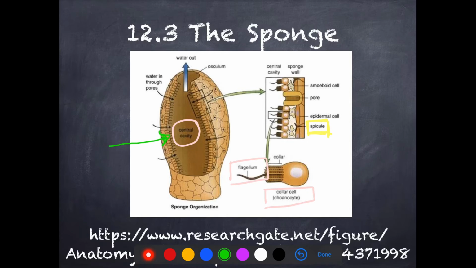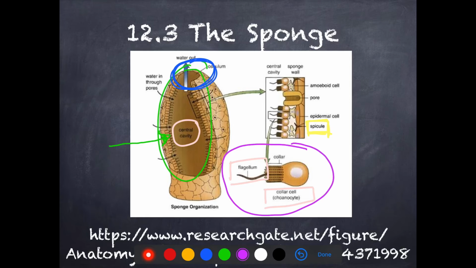So like I said, we have our central cavity right here, which is pretty much this entire thing. You have the opening at the top right here. And then you have your collar cell. So this whole entire thing is your collar cell.